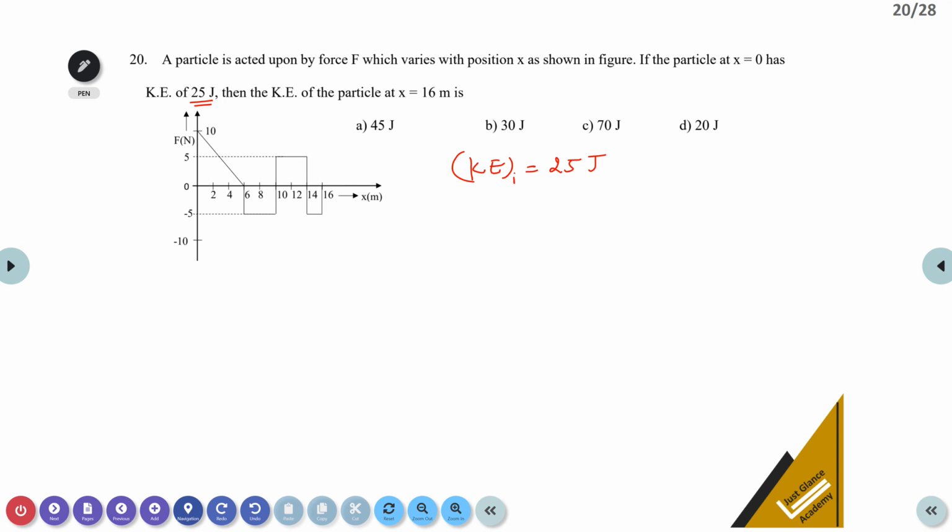He is asking for the kinetic energy of the particle at x equal to 16, the final kinetic energy. Again, it is the force against displacement graph. The area under the F-x curve represents work done. Pause your video and do it.